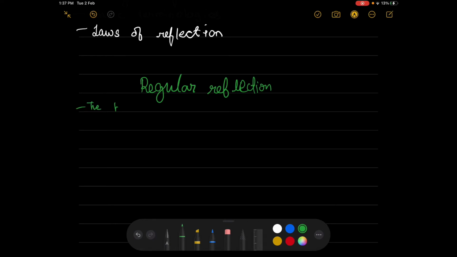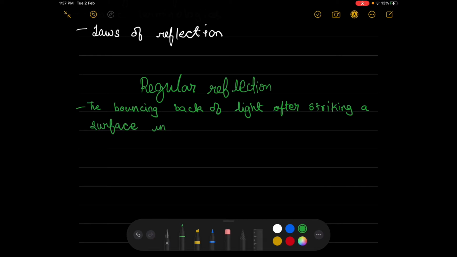The bouncing back of light after striking a surface into the same medium.